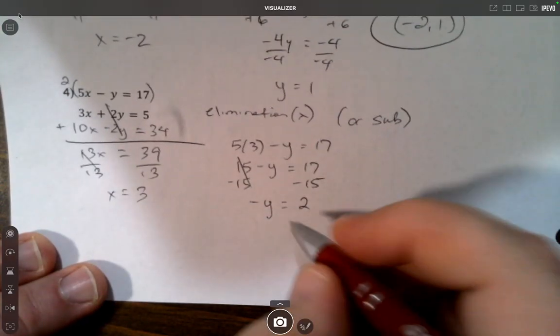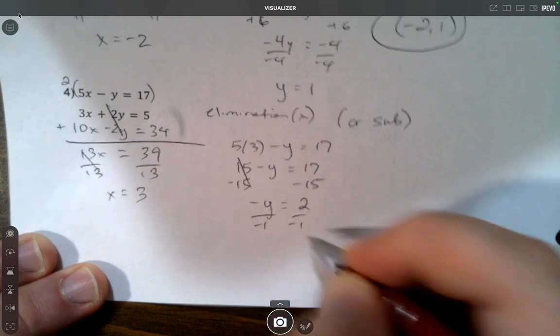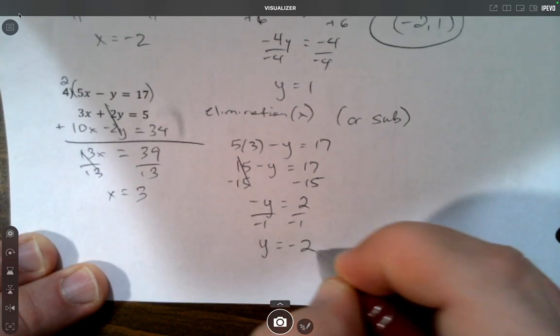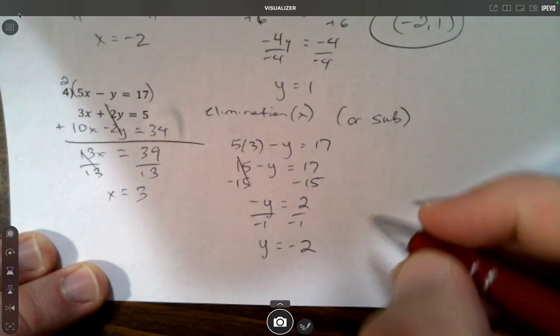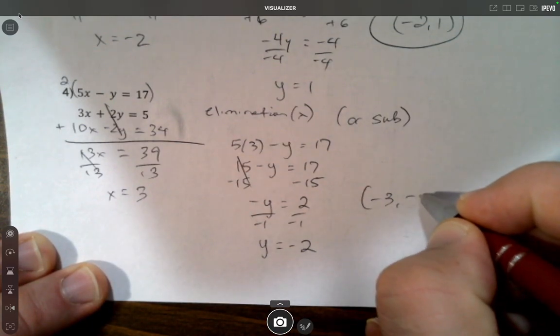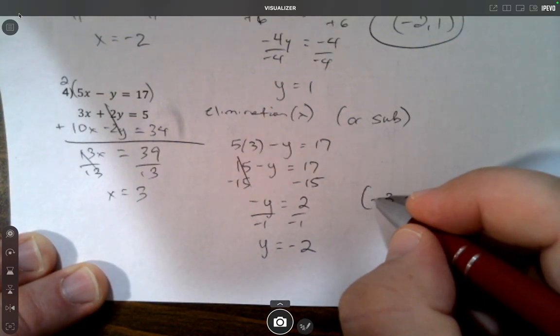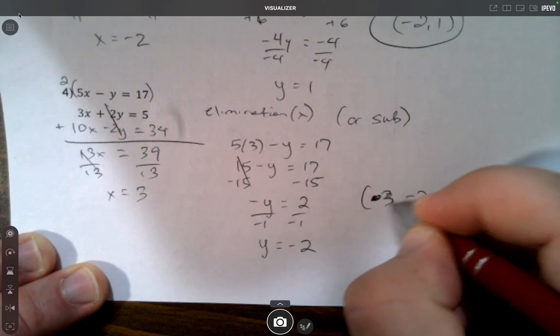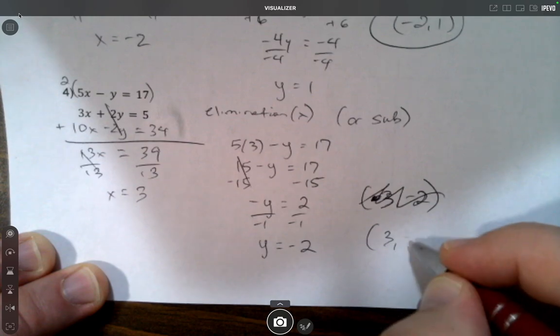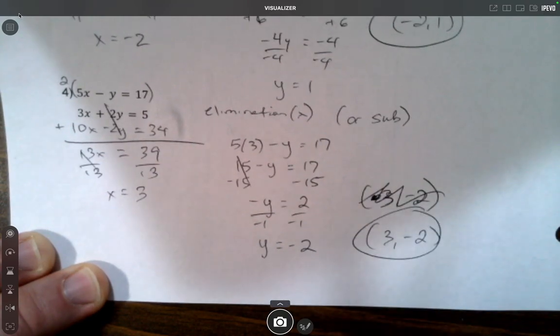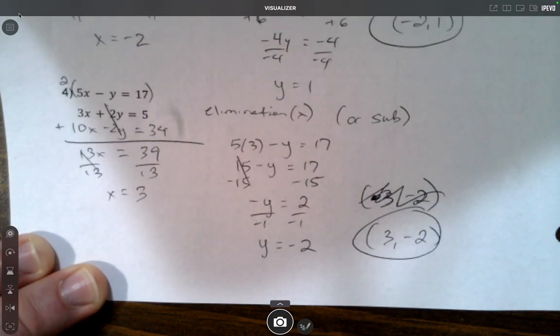Then we divide both sides by negative 1, or we can multiply both sides by negative 1. You get y equals negative 2. So our x value is 3. Our y value is negative 2. So our ordered pair, that's a positive 3, positive 3 and negative 2. Let me just write it correctly. 3, negative 2. There we go. And that is our solution to that system of equations.